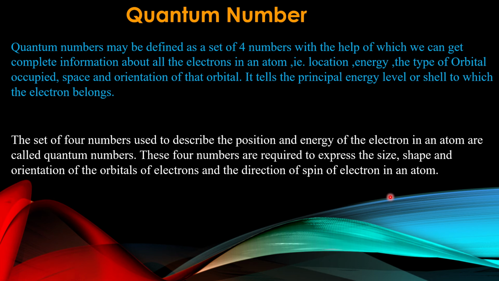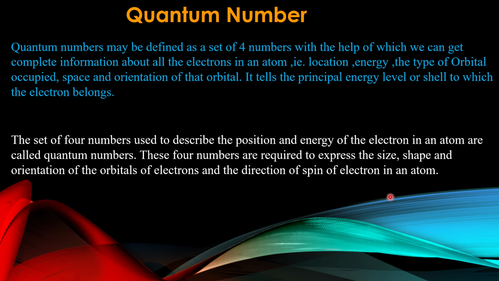Now, the quantum number can be defined like this: the set of four numbers used to describe the position and energy of the electron in an atom are called quantum numbers. These four numbers are required to express the size, shape, and orientation of the orbitals of electrons and the direction of spin of electron in an atom.